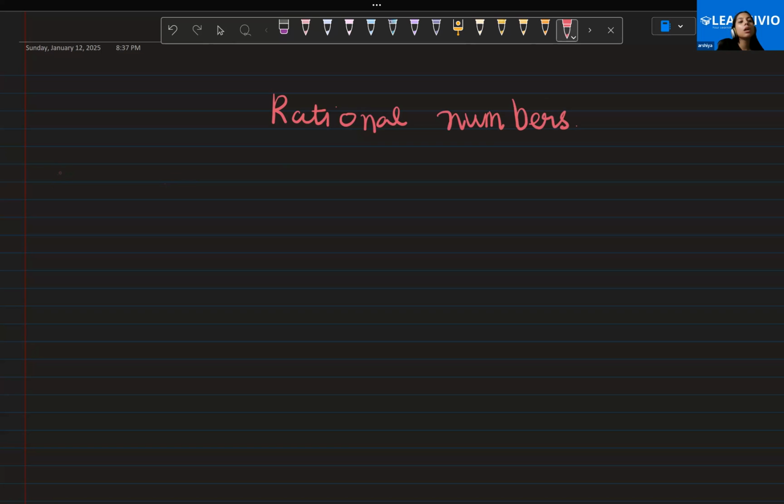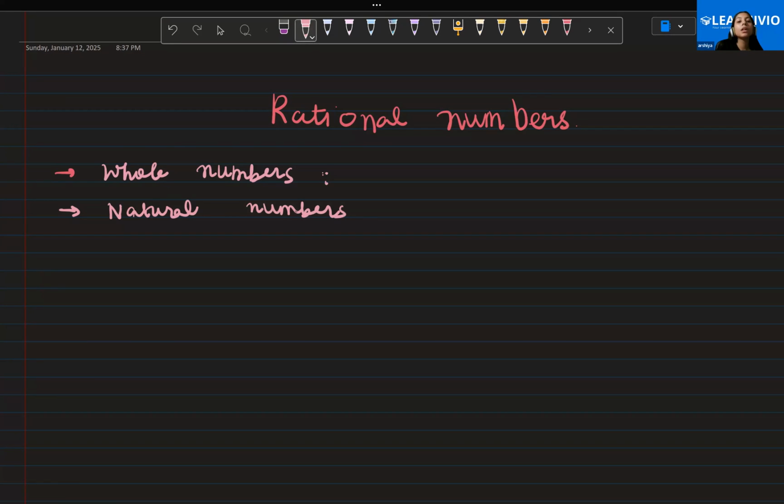Okay, so let's start with something basic. Can you tell me what whole numbers are? Whole numbers are numbers that start from 1 to infinity. Okay, whole numbers, and then we have natural numbers or real numbers.